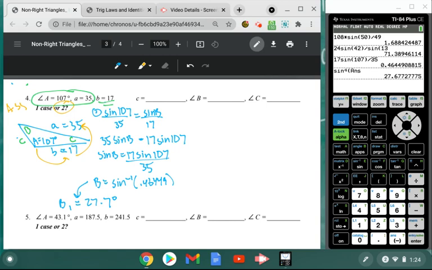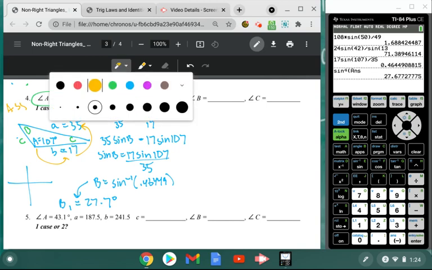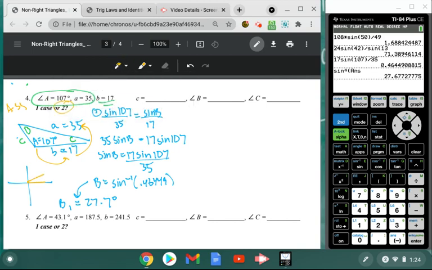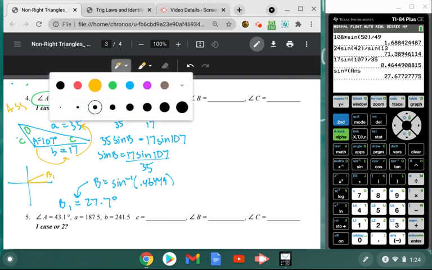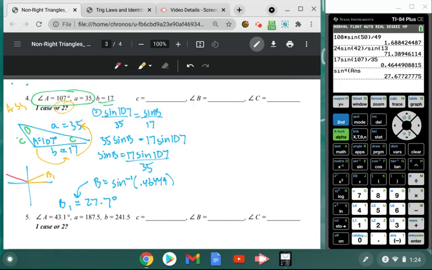There's a second one because I only got what sine inverse can give me, and that's this guy right here. This is B1. But I know that there's a second one, and that's going to be B2, which is this guy right here. So B2 is 180 minus that answer.